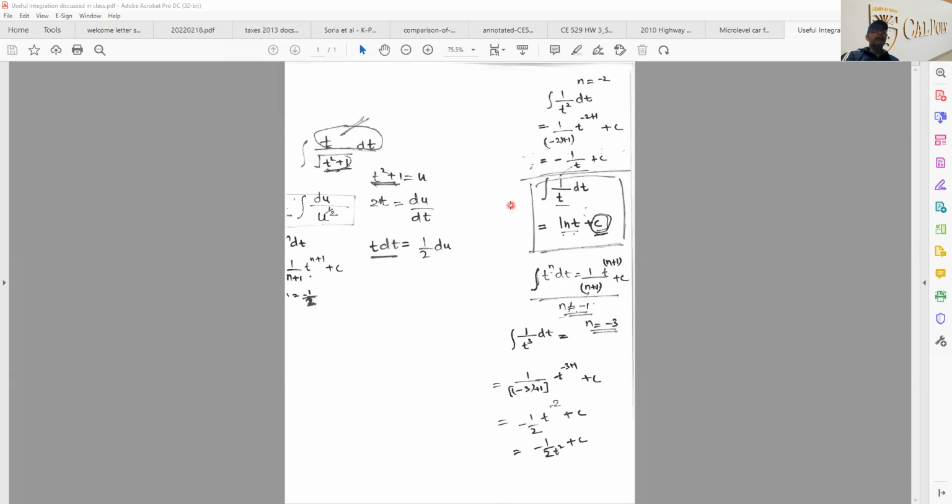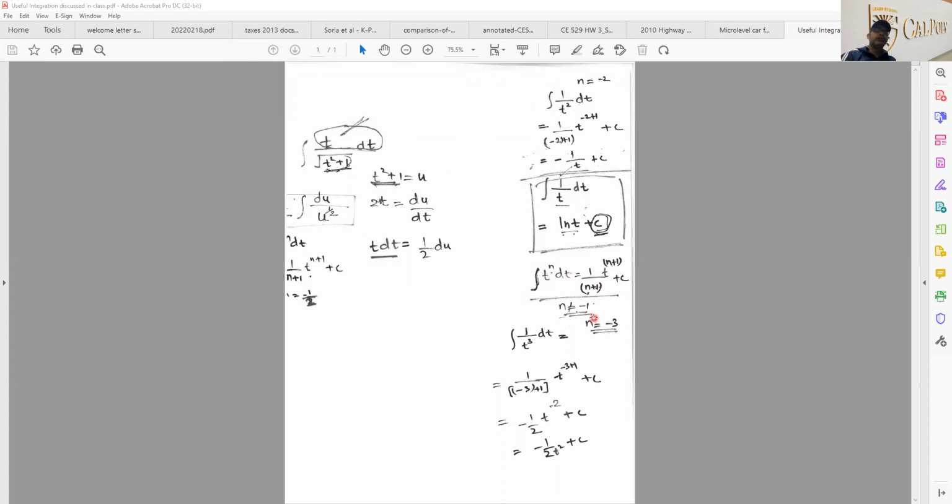For example, here I'm trying to find the indefinite integral of 1 over t squared dt, or the integral of 1 over t dt, or in general, the integral of t raised to power n dt.